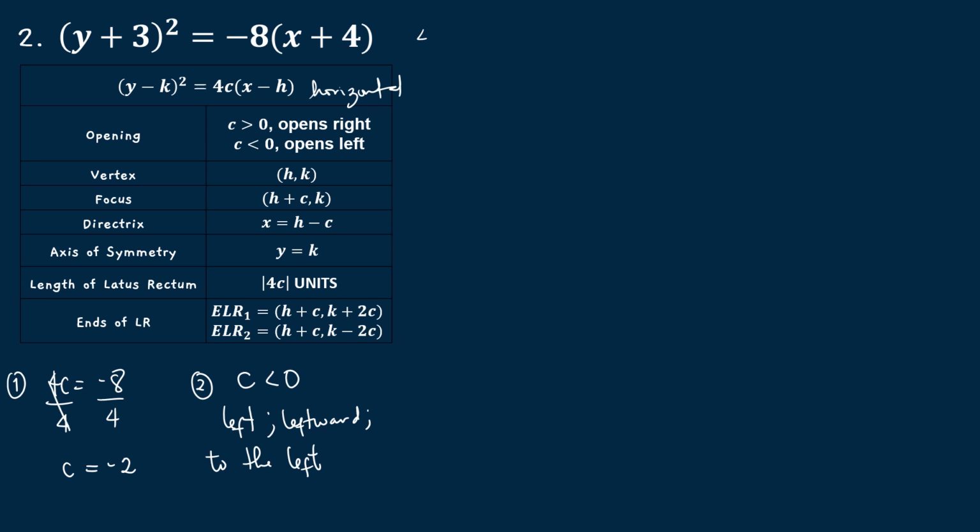Then proceeding to our number 3, which is our vertex, still h and k. Again, I remind you, look carefully: x is always with h and y is always with k. So it would be negative 4, comma, negative 3. Continuing with the focus, same solution with number 1 earlier. So it is h plus c, comma, k.